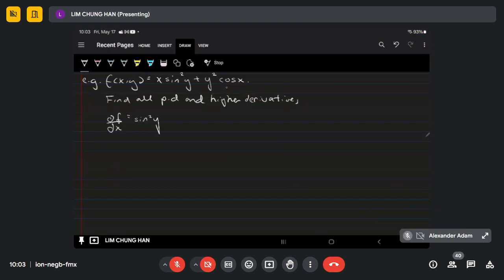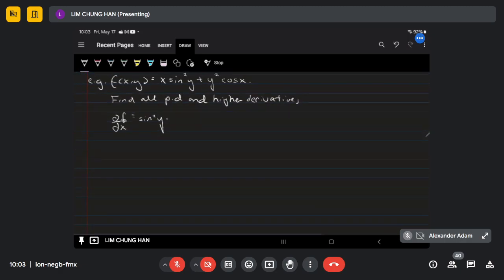Negative sine x, and then the y squared is constant. Okay? So that's the answer.